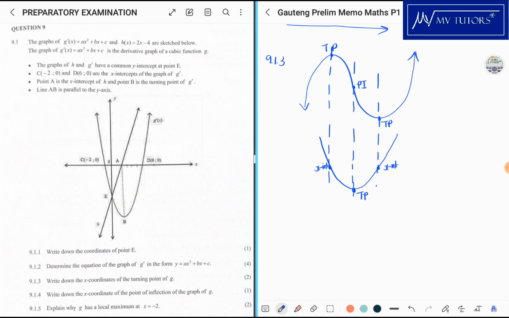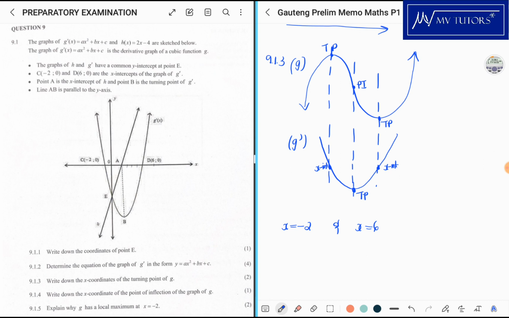Let's read the question again. It says 9.1.3, write down the x coordinates of the turning point of G. So this being G, this being the derivative of G. The coordinates of the turning point of G will be x is equal to minus 2 and x is equal to 6.